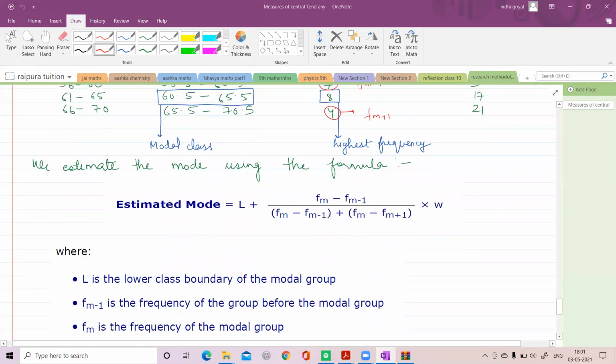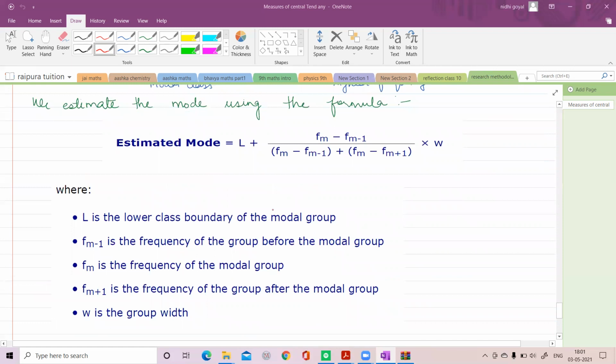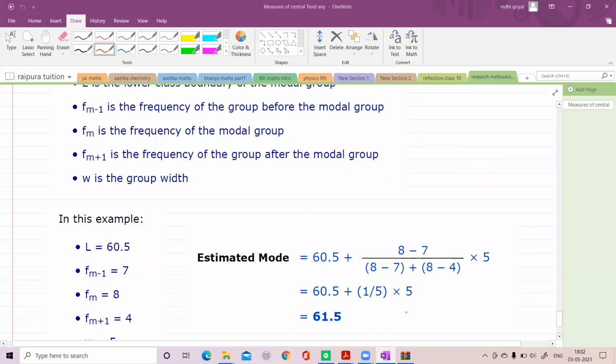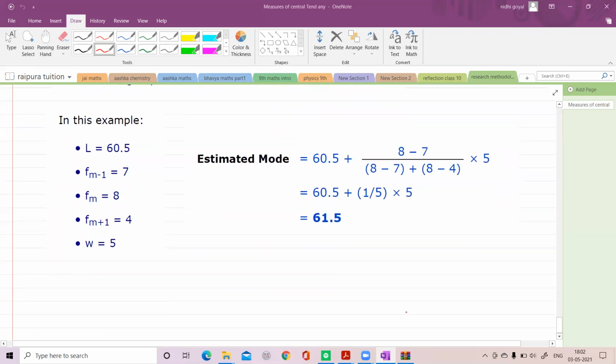Then we can calculate the mode by this formula. Estimated mode is equal to L plus (fm minus fm-1) divided by (fm minus fm-1 plus fm minus fm+1), into w. All the symbols have their respective meanings specified here, and for the above data, we can estimate the mode like this.